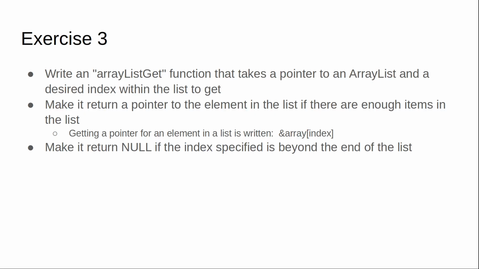That way it's clear to the user either I got a valid index or I didn't. Okay, it's one of the two. So see if you can do that. See if you can make a function that returns a pointer to the element on success, and returns null if that specified index is beyond the end.